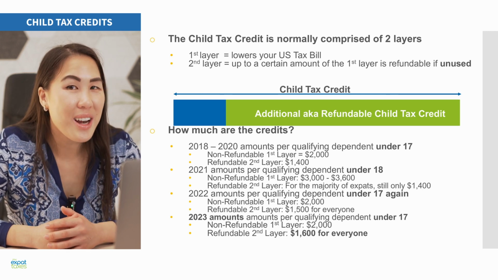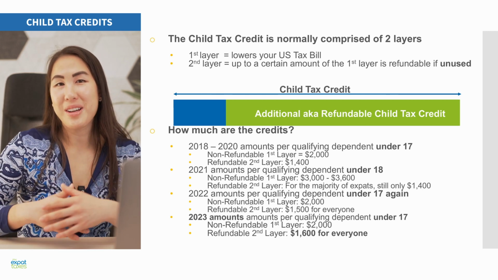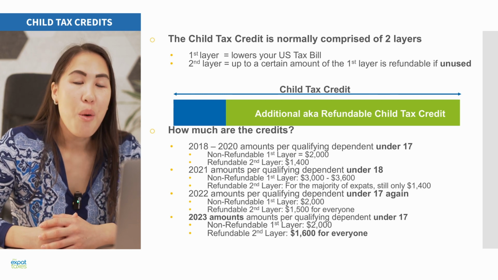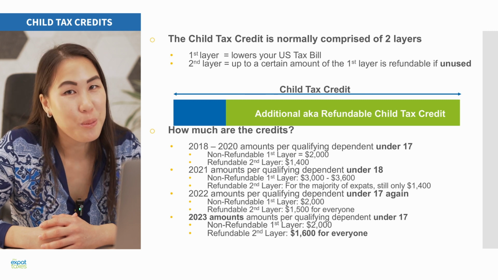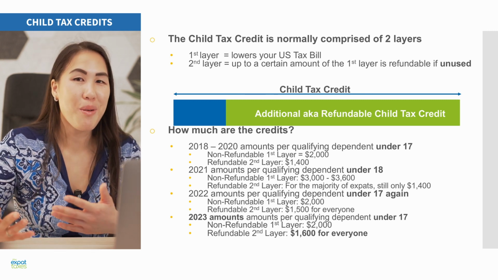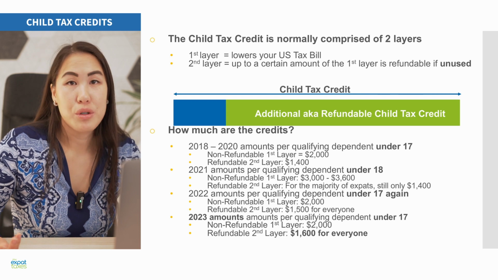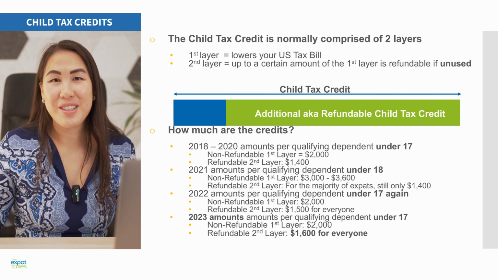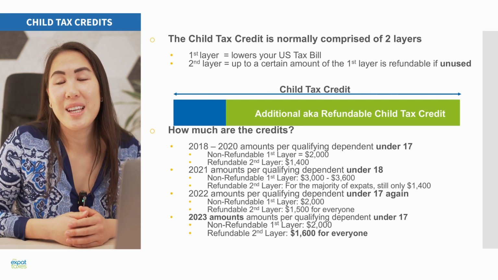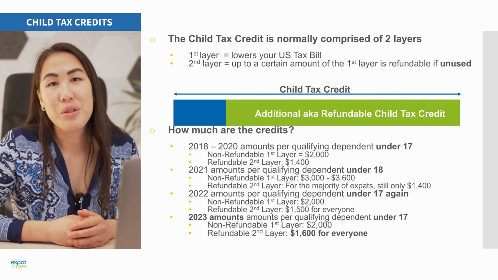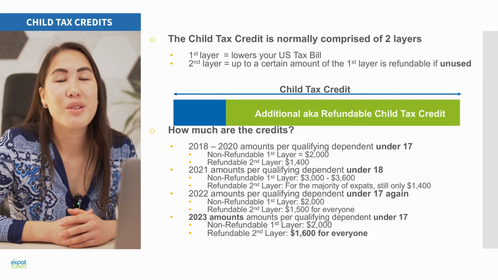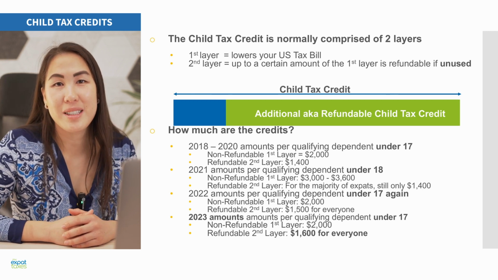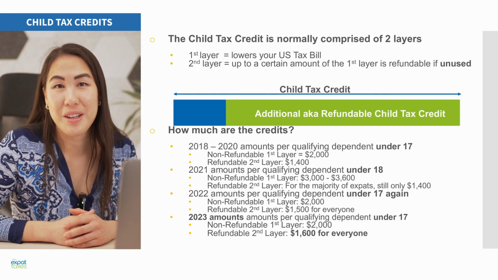And if you didn't need that credit, because say you had enough foreign tax credit to cover your US tax liability, $1,600 of that credit is refundable. So yes, you heard me right. If you have 1 child, 2 children, 3 children, etc., all under the age of 17 at the end of 2023 with a valid Social Security number, and let's say you had foreign wages, you had enough foreign tax credit to cover your US tax liability, you're looking at a potential refund of $1,600 per child.